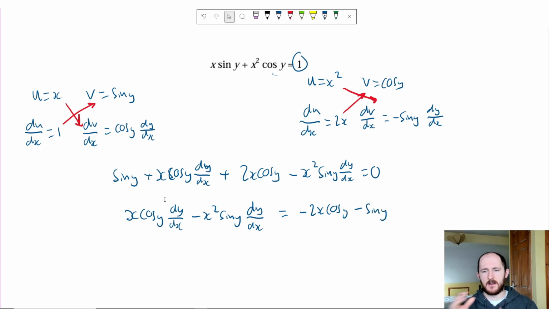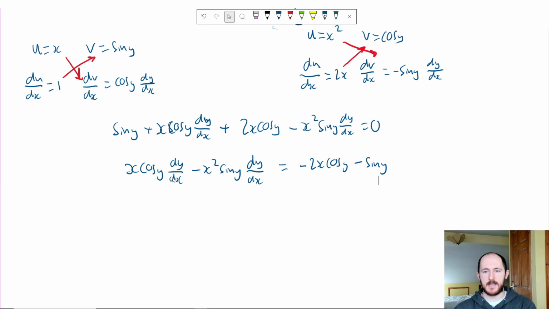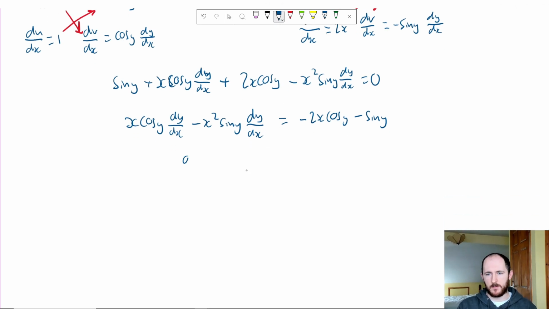And hopefully this kind of brings you back to GCSE when you had rearranging harder formulas, where you're moving everything that you want to one side, and now we're going to factorize out dy by dx. So I'll factorize dy dx, and you get x cos y minus x squared sine y equals this disgusting stuff.